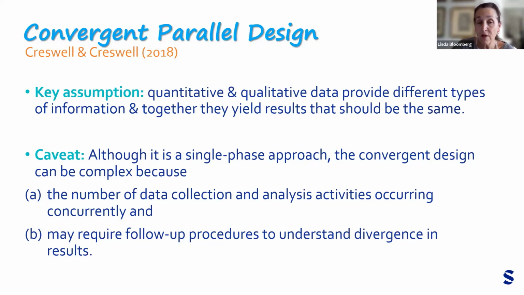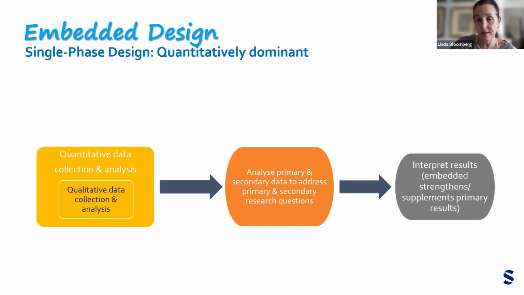This may require follow-up procedures to understand divergence in the results. So even though it's a single phase design, it carries a lot of skill associated with it, because there are so many data points of data collection and data analysis occurring concurrently. So that is the first design.